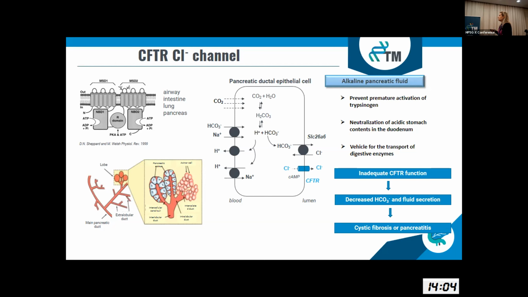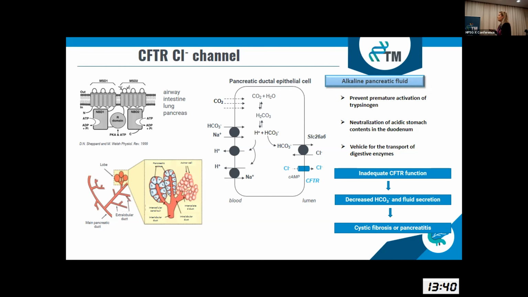Here you can see the schematic picture of CFTR. It consists of two repeated domains. Each of them consists of a membrane spanning domain and a nucleotide binding domain. The nucleotide binding domain is able to bind and hydrolyze ATP.